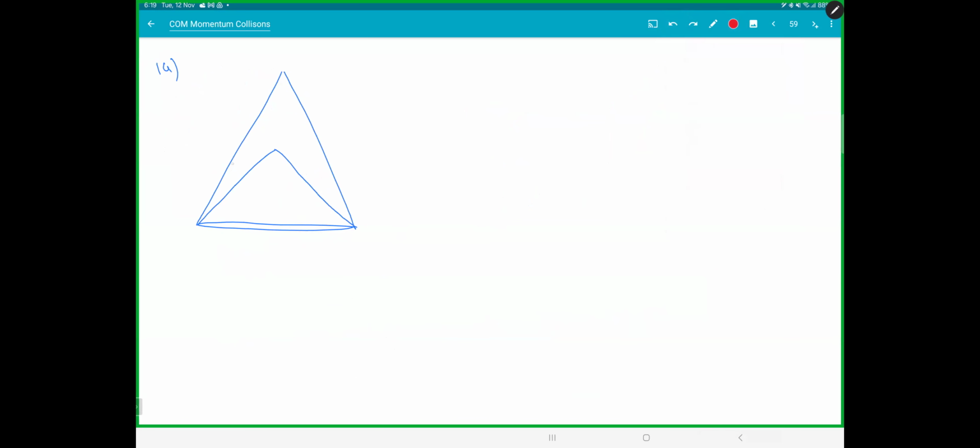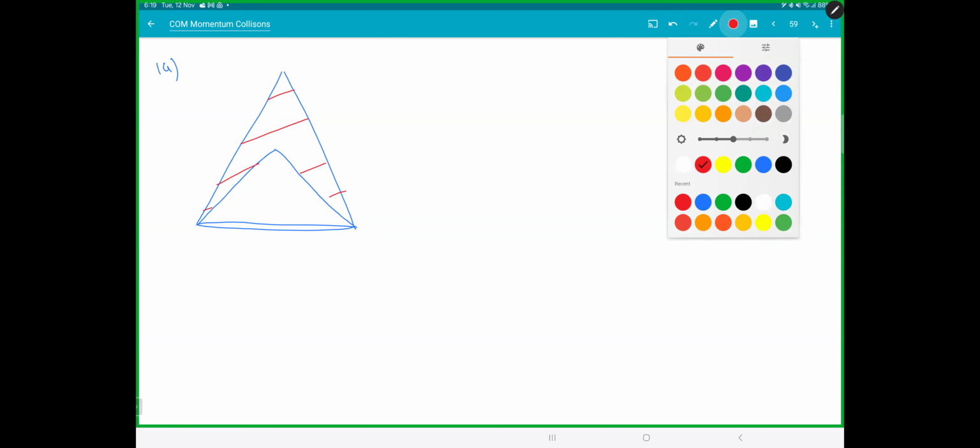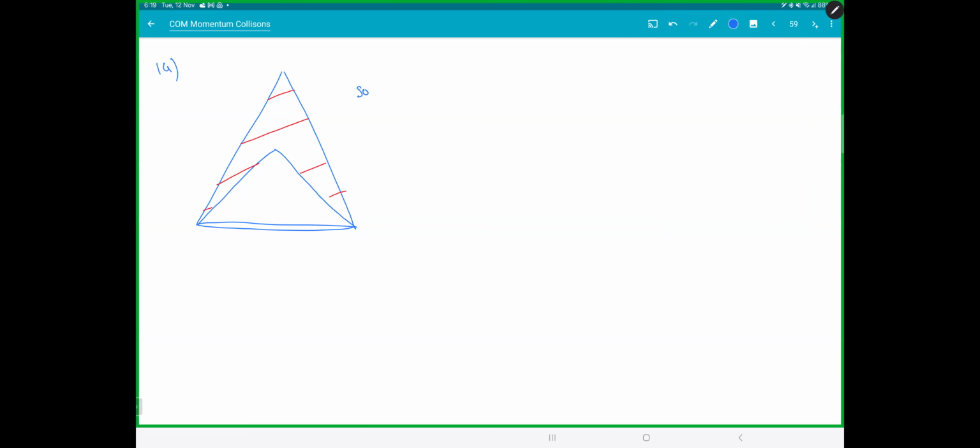Just let me shade it like this. This is a solid cone with a conical cavity. So someone removed a cone from a solid cone.